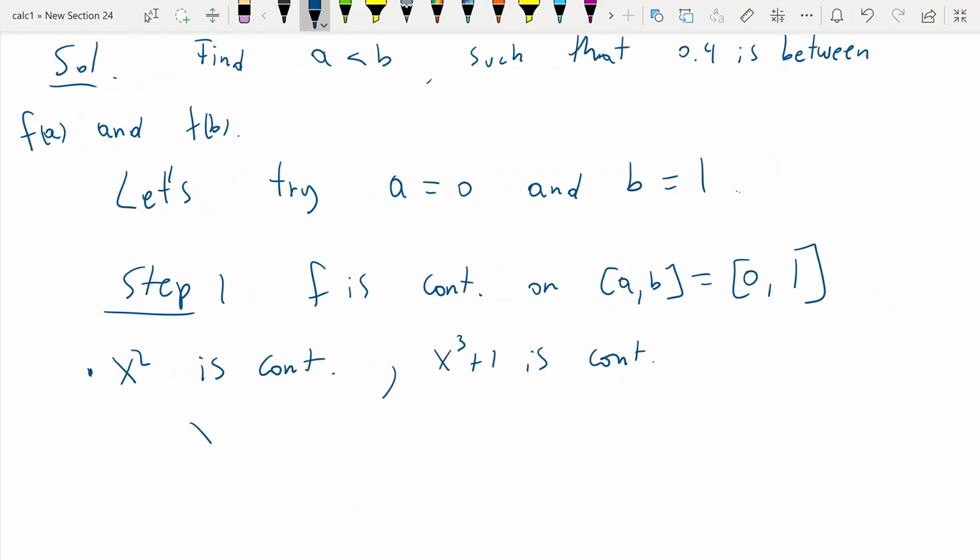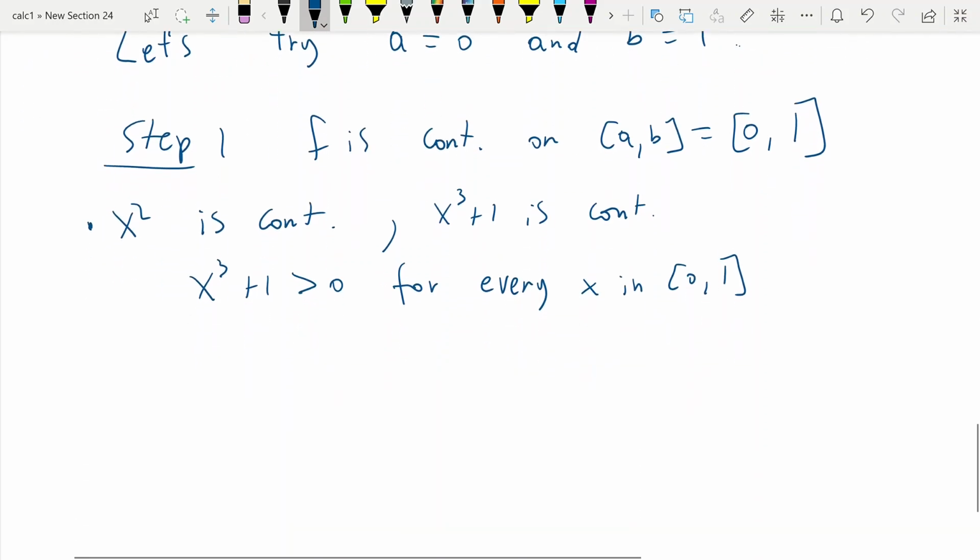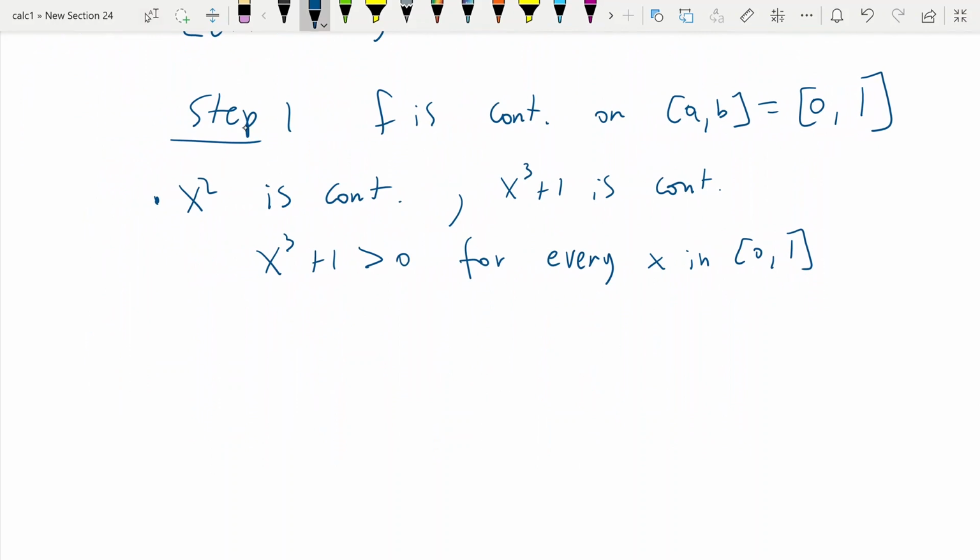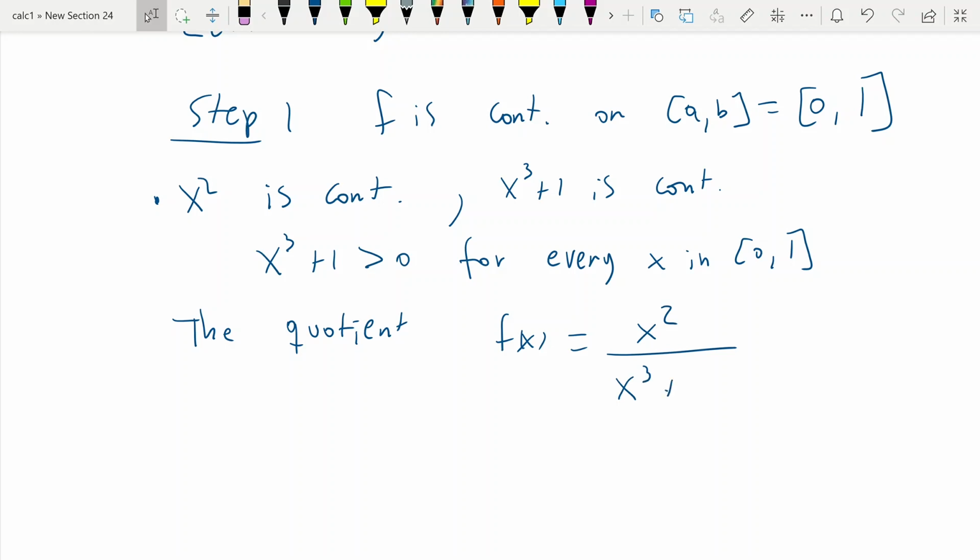Now the second thing is x cubed plus 1 is positive throughout the whole interval, for every x in 0, 1. So we can apply the rule of the quotient, and we have that f of x is x squared over x cubed plus 1.